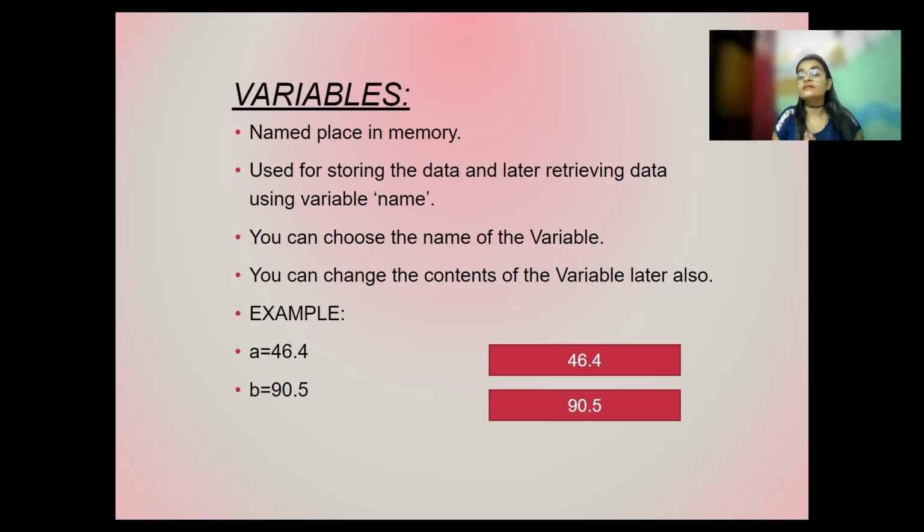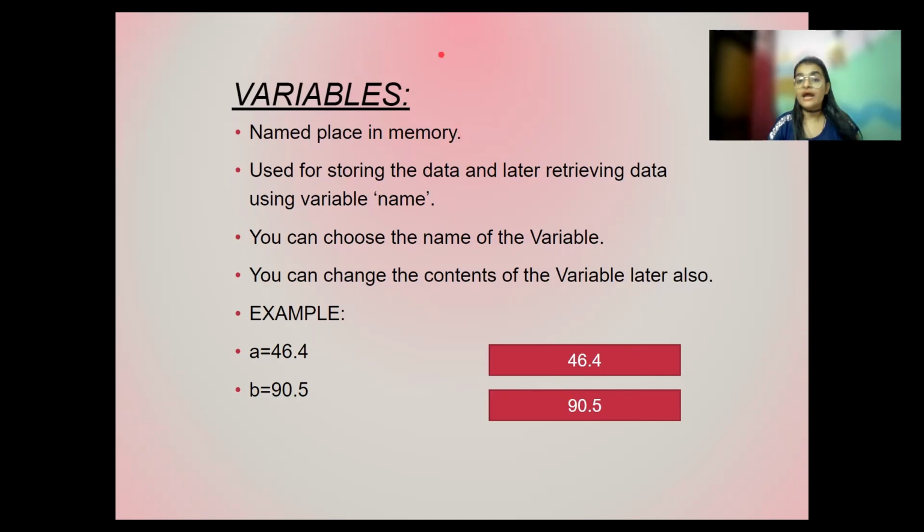The last point is that you can change the contents of the variable later. Let's suppose I have a variable a initialized with a value of 46.4, and later I change the value of a to 10.